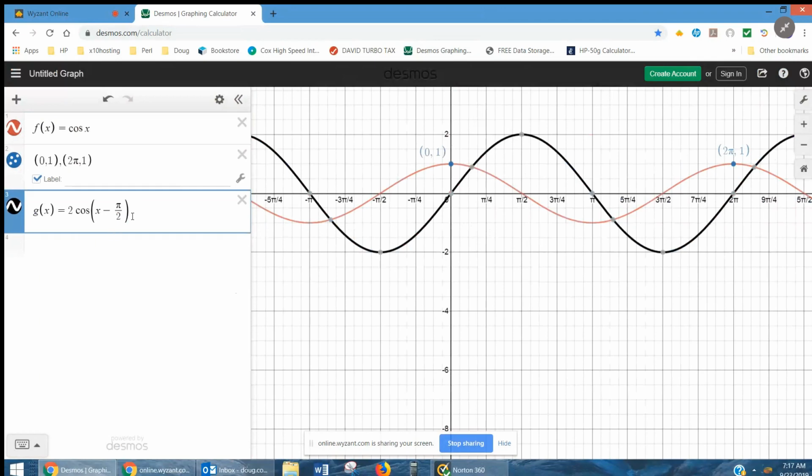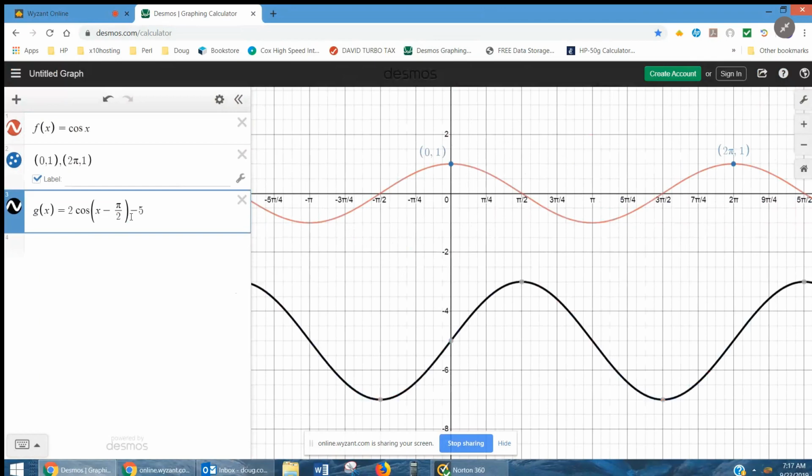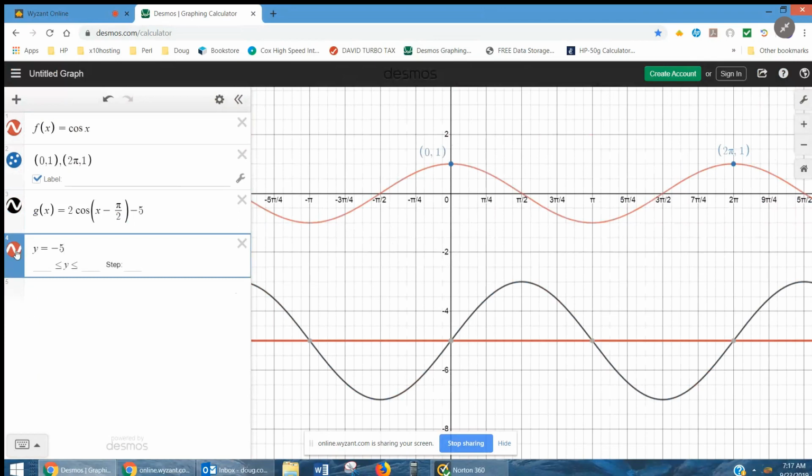Finally, I'm going to do a vertical shift down 5. So I'll just put a minus 5 here. And there is the graph that we're looking for. I'm going to graph the midline for the black function, which is y equals minus 5. And I'll make that dotted.